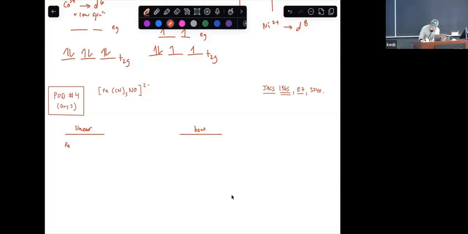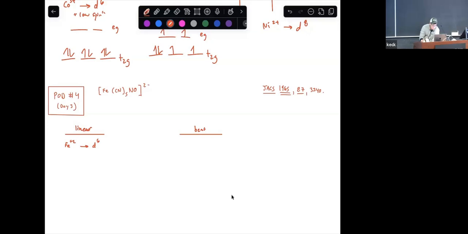It's more happy for iron to be +2, but not +1. I guess NO is +1 and the oxidation state of iron is +2. Okay, so that'll give us D6.